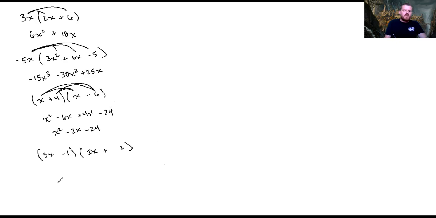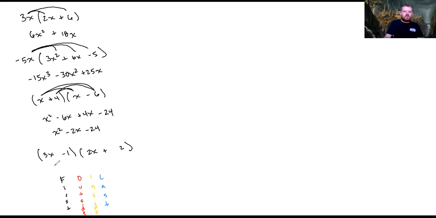And so FOIL stands for first, outside, inside, and last. Okay, so this is just another way of remembering what you have to multiply.